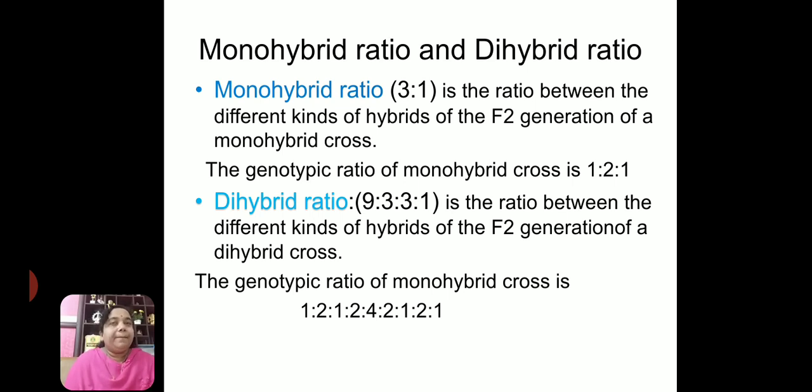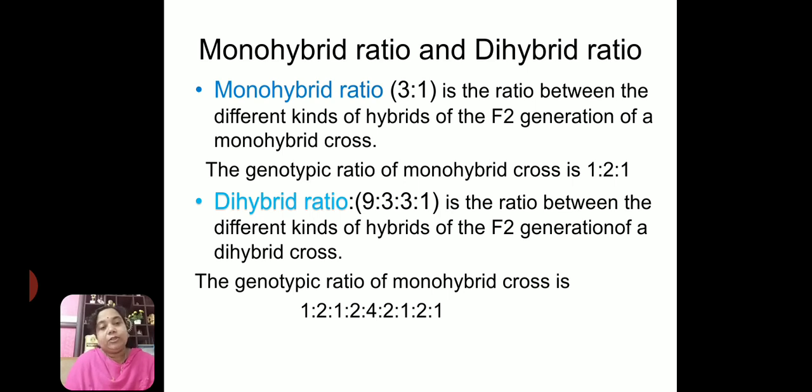Four organisms will be formed, and among the four, three will have the same phenotype, or appearance, and one organism is entirely different, so we write the phenotypic ratio as 3:1.